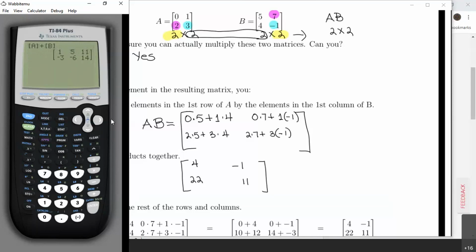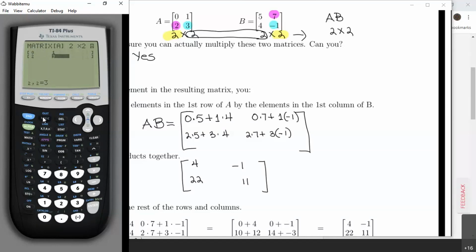Now I can go back into my matrix menu, which is second, inverse. And you notice there's nothing stored anymore. I cleared it out. So I'm going to quickly go in here and put in matrix A, which you told me was 2 by 2, and put in those values, which were 0, 1, 2, and 3.